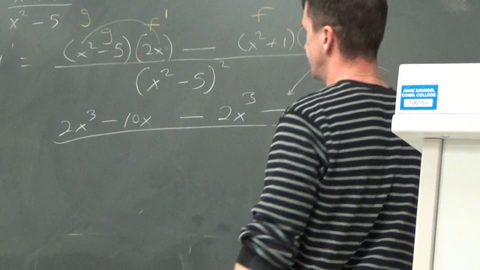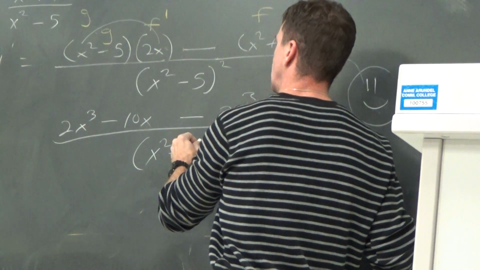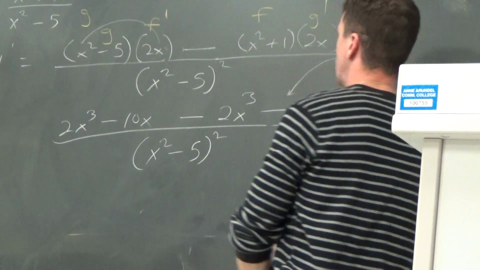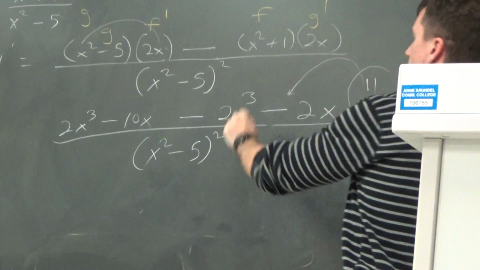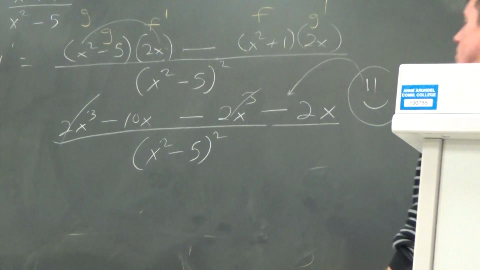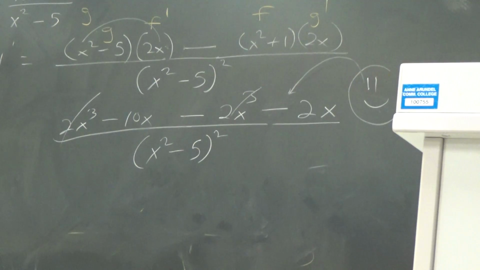Can you also factor the x squared minus 5? You sure could. Do you see any like terms? Where are the like terms? 2x cubed. What's the final answer? Negative 12x. Easier? Should I FOIL that out?